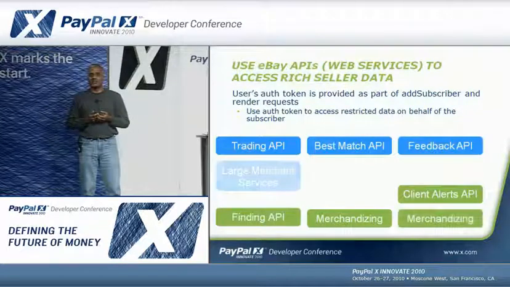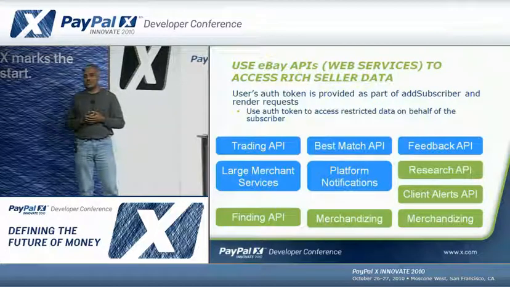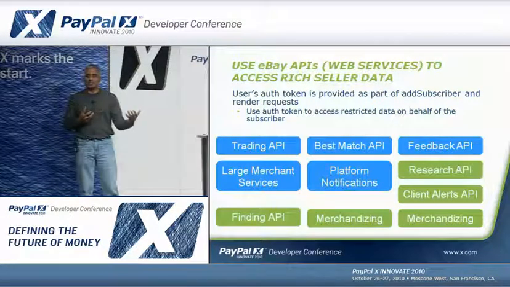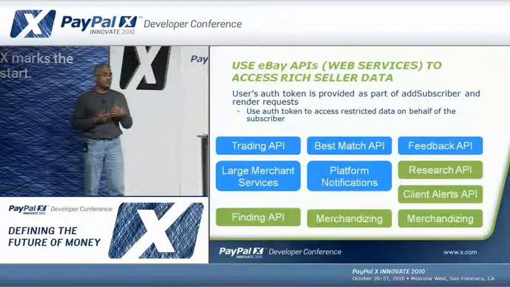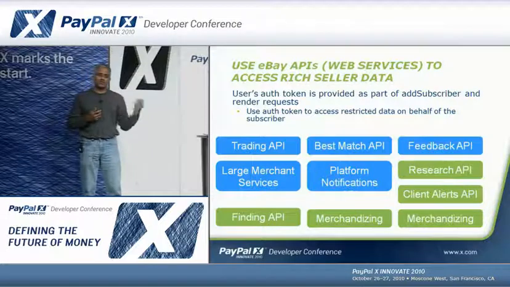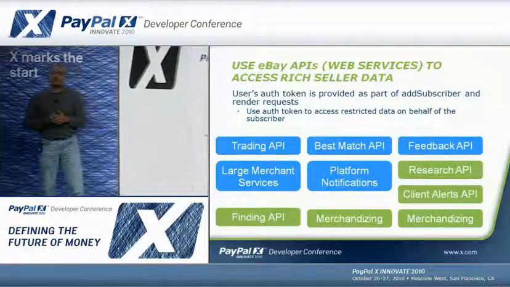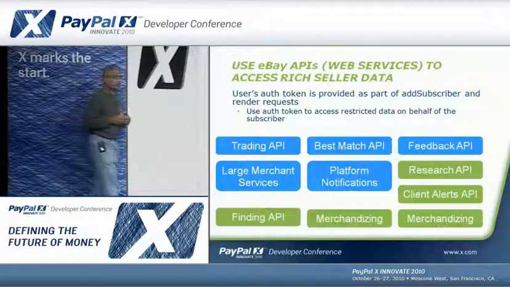Various platform providers have their own APIs that you could choose to use to mash up the data and provide insight to the seller so that they can make good business decisions about where to spend their time. What is the average selling price? Am I doing better on cross-border trade or not? Is some country better for me to focus for a particular type of merchandise, and so on.